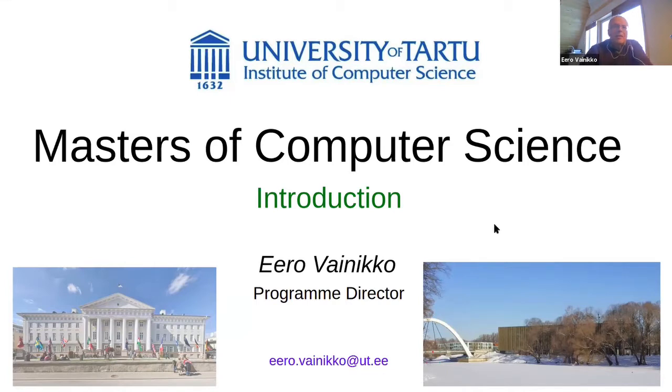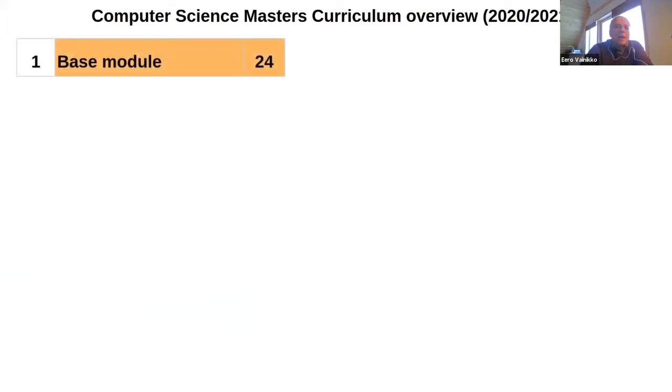This International Masters of Computer Science here at University of Tartu has been running for approximately 7 years already. I will first go through the curriculum itself and give a short overview about it. So it has actually 7 modules: the base module, which has 24 ECTS.